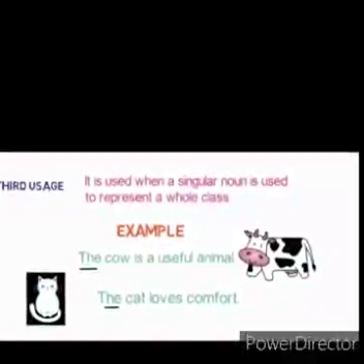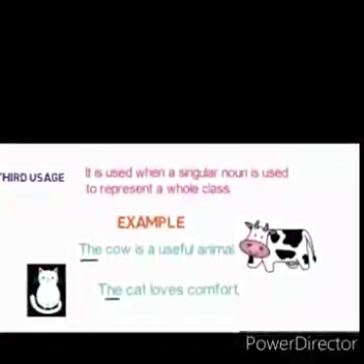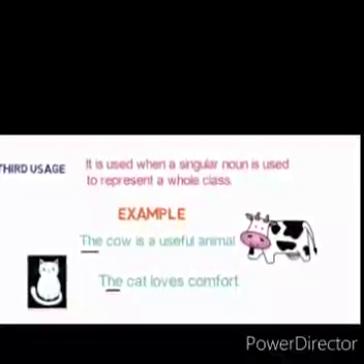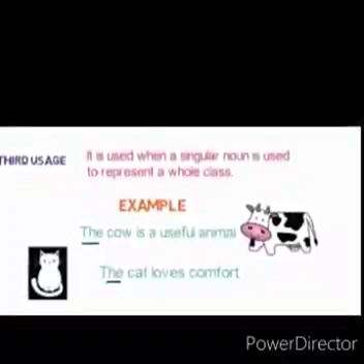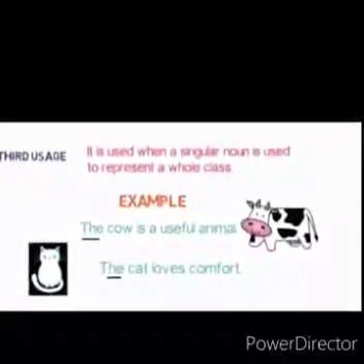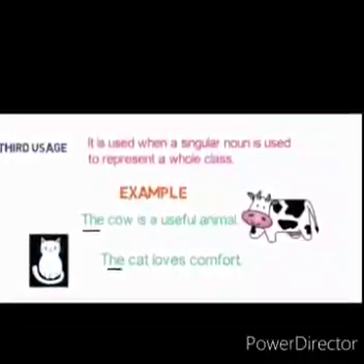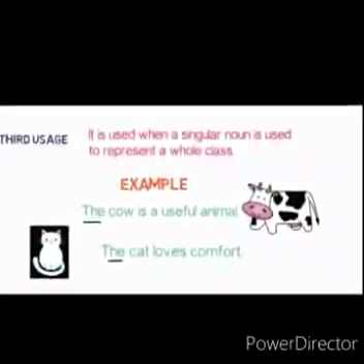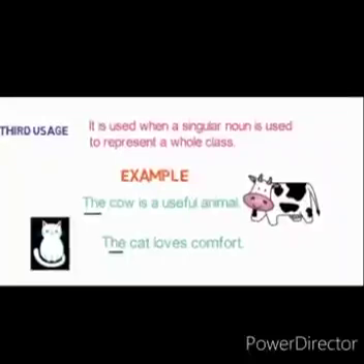Here we have used article the because we are talking about the whole class of cows. So over here, cow is representing the whole class of cows. Similarly, the cat loves comfort. So over here also, we are talking about the whole class of cats. So that is why we have used article the.